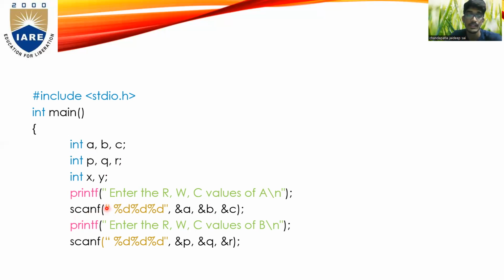So in this scanf, by opening the brackets, we are using the double quotes, and in between we are printing the percentage d three times, ending with a comma. Now we are using ampersand a, ampersand b, ampersand c, which means the values which we give are stored in these address locations.